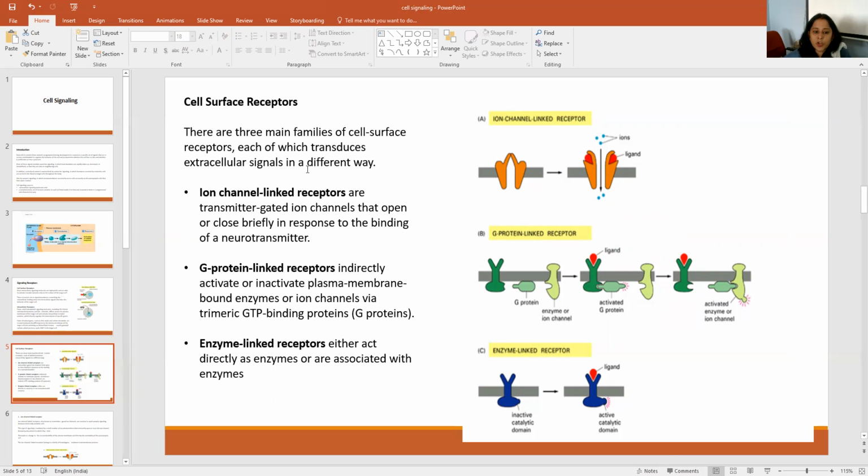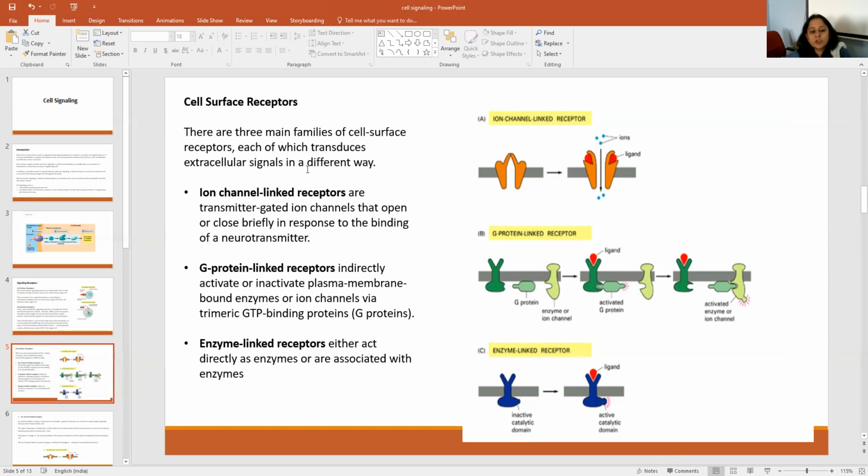Now, what are ion channel linked receptors? These are transmitter gated ion channels that open or close in response to the binding of a neurotransmitter. So what it does, it leads to the opening and closing of the ion channel, which is generally in response to neurotransmitters.